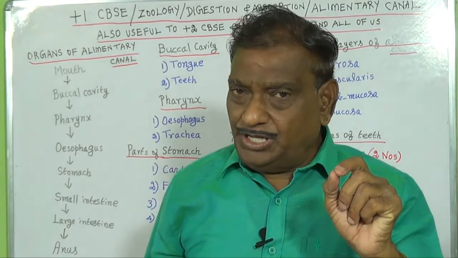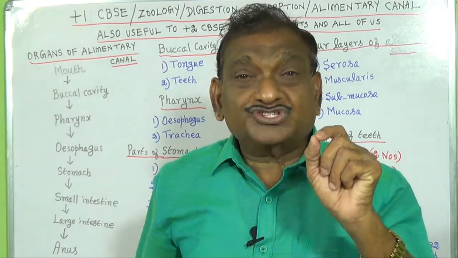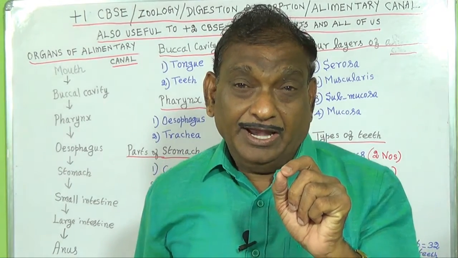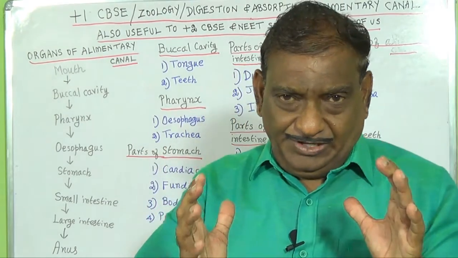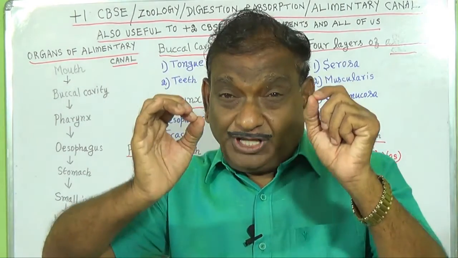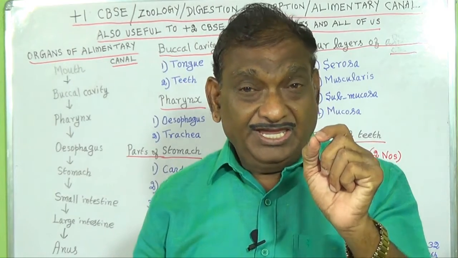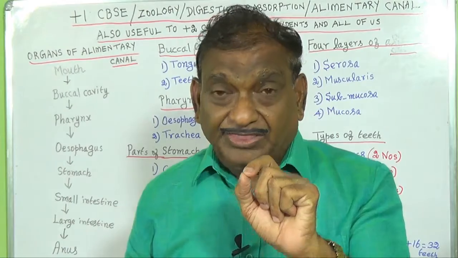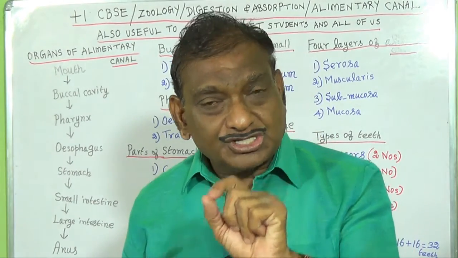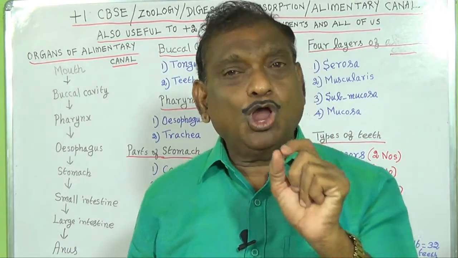Then we are going to study the types of teeth. In the buccal cavity there are 4 types of teeth. One is incisors, the second is canine, the third is premolars, and the fourth is molars.